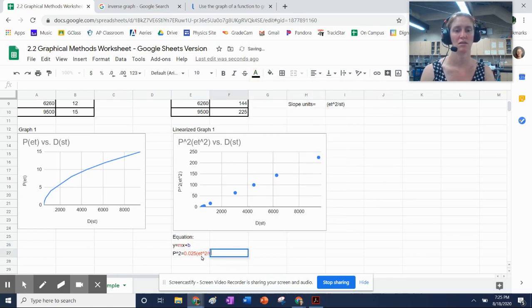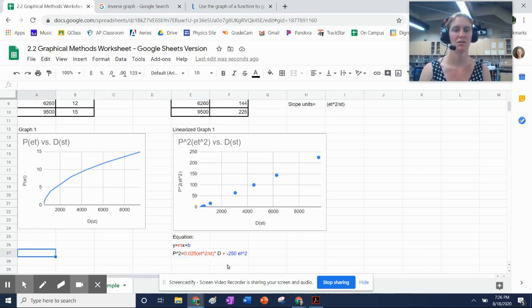And I need units on this b, so let me show you how to do that. Here my y variable has units of ET squared, so that means that my y-intercept will also be ET squared.